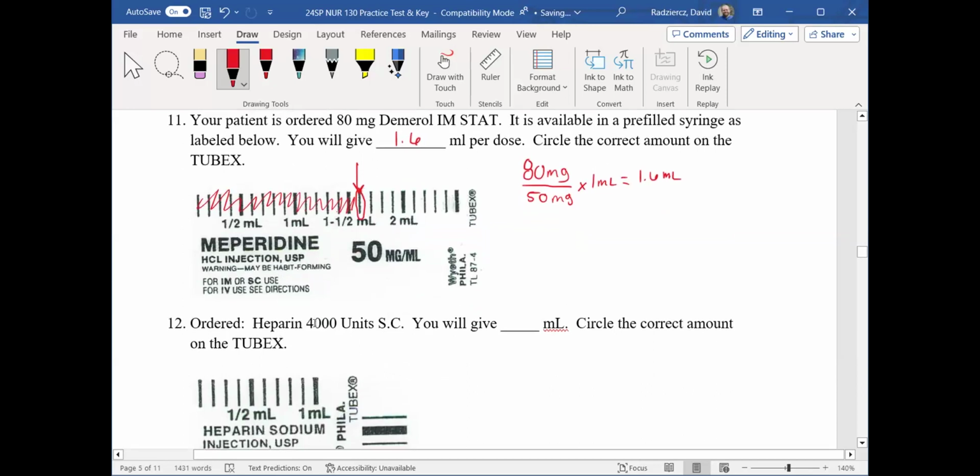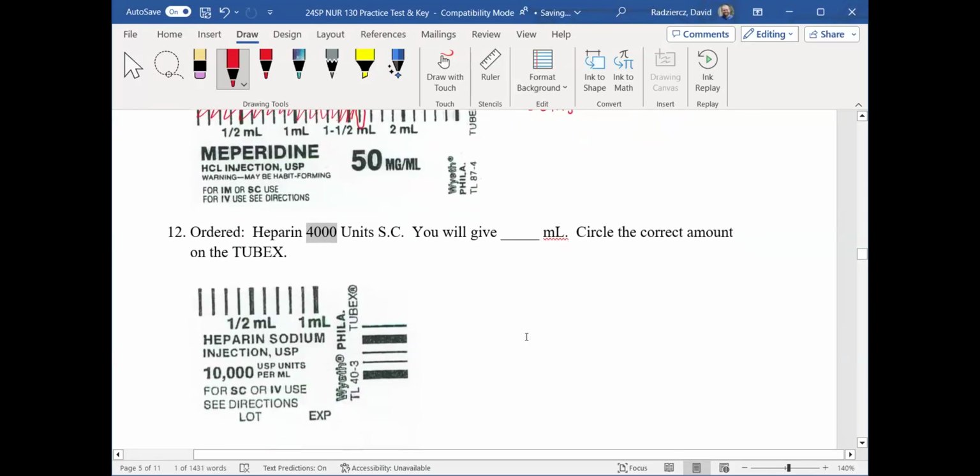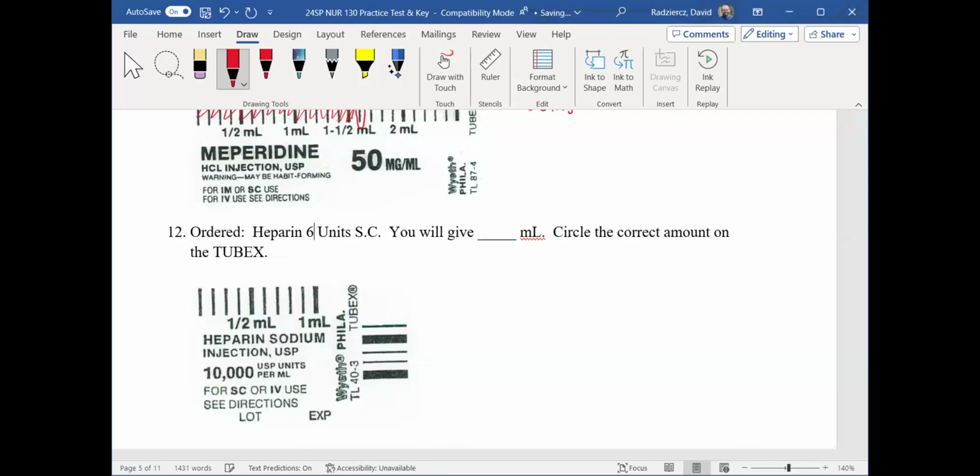So here, let me change this up. Let me just change the number here for this as well. Let's do 6,000.